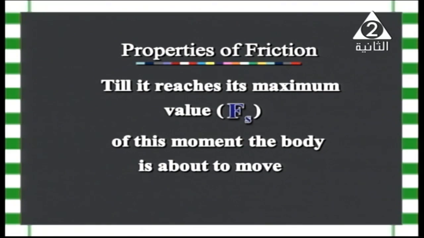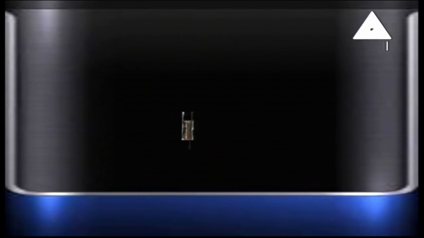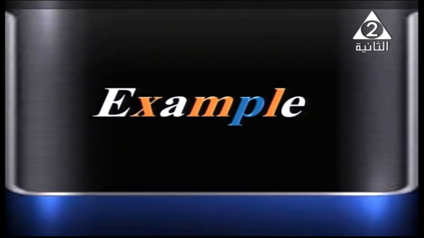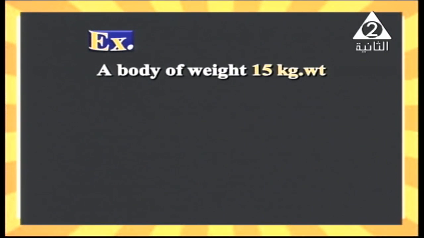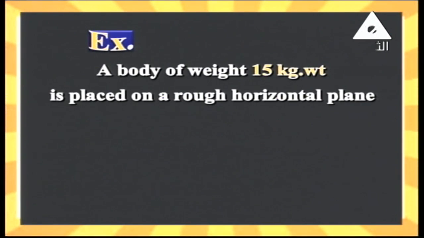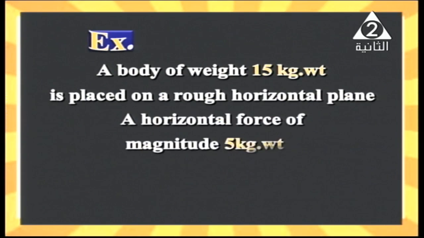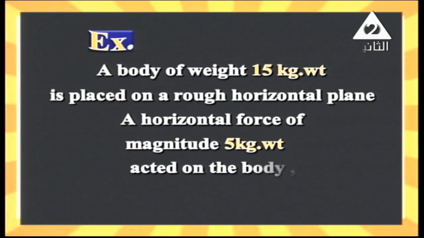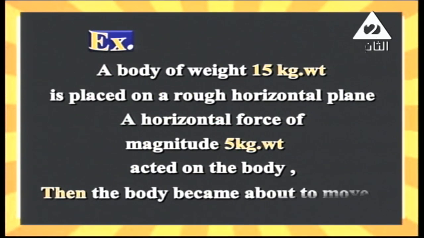My dear student, look at the first example. A body of weight 15 kilogram weight is placed on a rough horizontal plane. A horizontal force of magnitude 5 kilogram weight acts on the body.